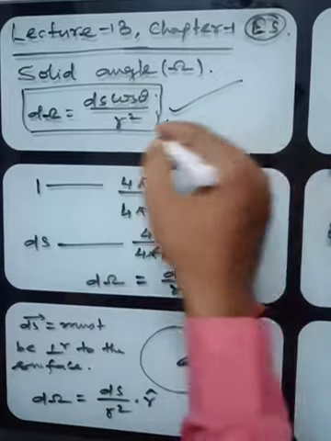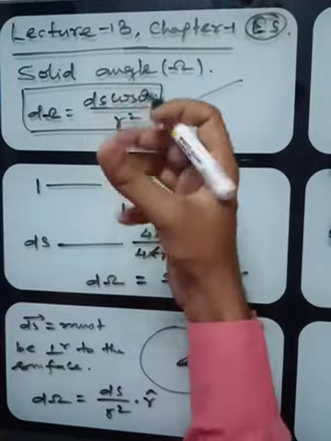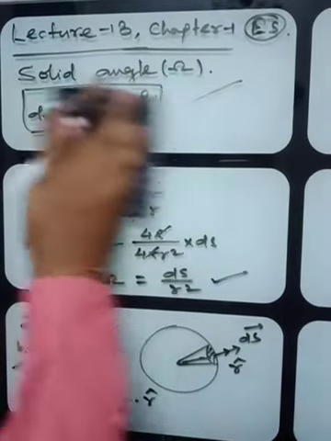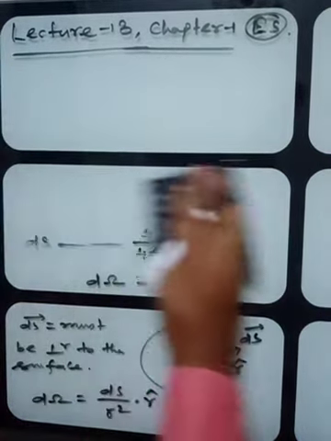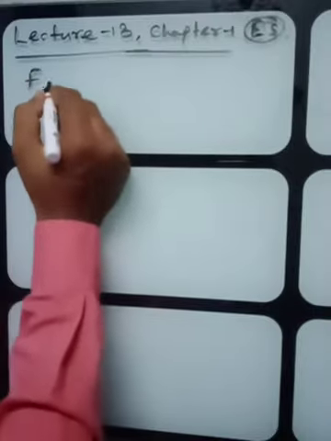Okay students, now we are going to study about electric flux. What is electric flux? To study electric flux, and because we have to study magnetic flux also, the meaning of flux needs to be known.